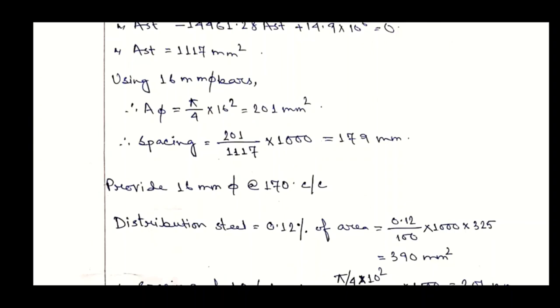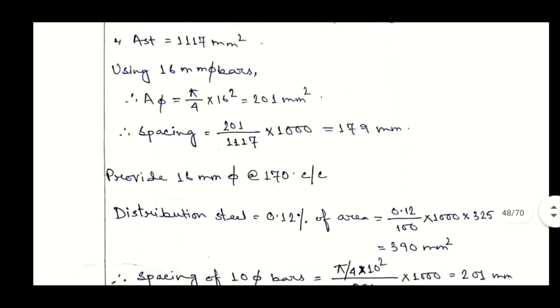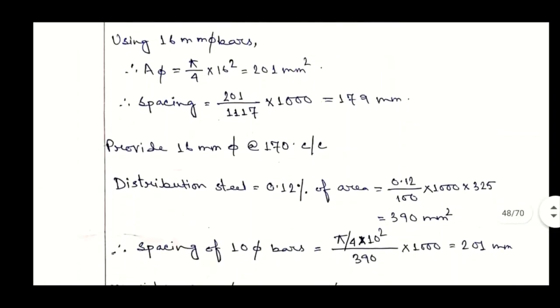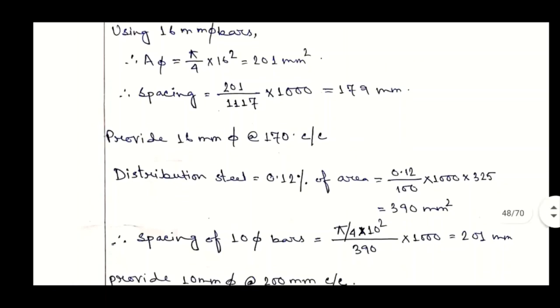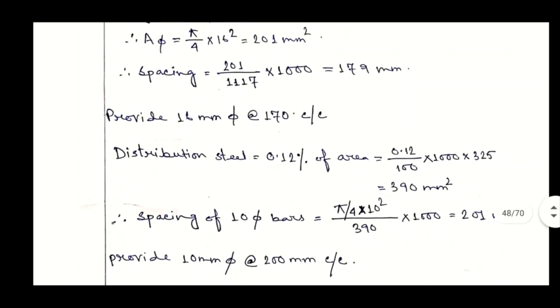So 325 is overall depth, that is equals to 390 mm square. So in distribution steel, if you provide 10 mm dia bar, then the spacing of 10 mm dia bar is equals to pi by 4 into 10 square by 390 into 1000, that is 201 mm. So we may write 200 mm also. So provide 10 mm dia bar at 200 mm center to center as distribution steel.